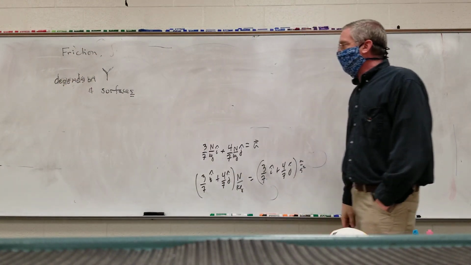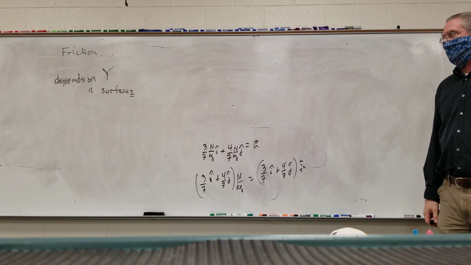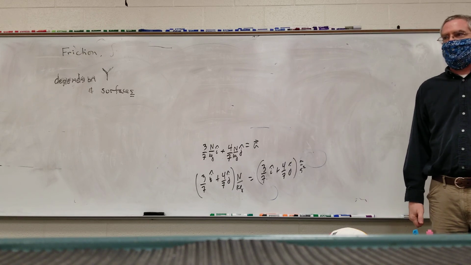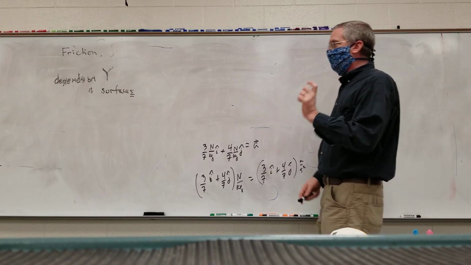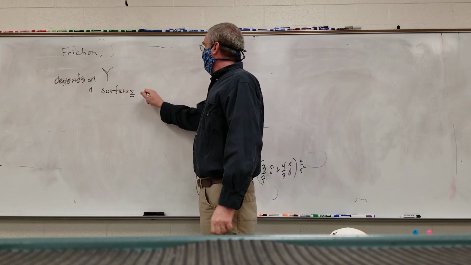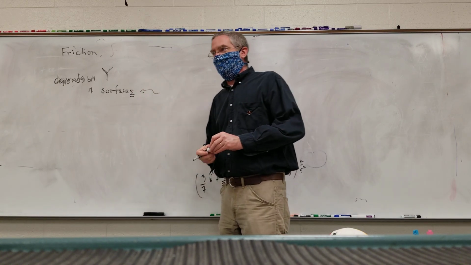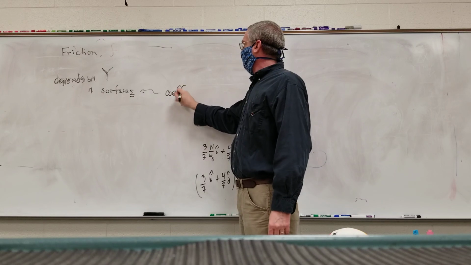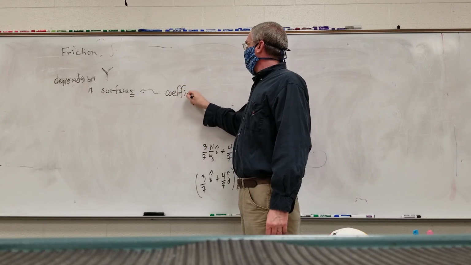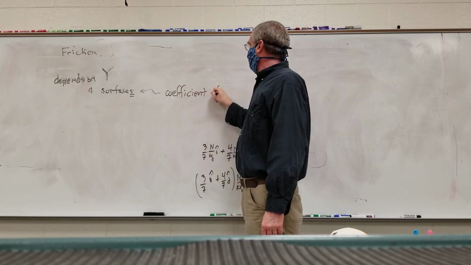If you look up friction, what's going to be called the coefficient of friction, the tables will give you two surfaces because it does depend upon both surfaces. This will be encapsulated in something known as the coefficient of friction.